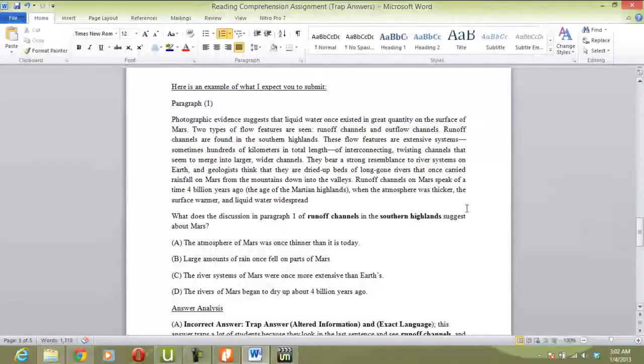Okay, so here we have the first paragraph and here's the question. My keywords are runoff channels in southern highlands. What that means is this sentence right here is my actual keyword sentence, and I need to read it. But if you notice, you see the word these.